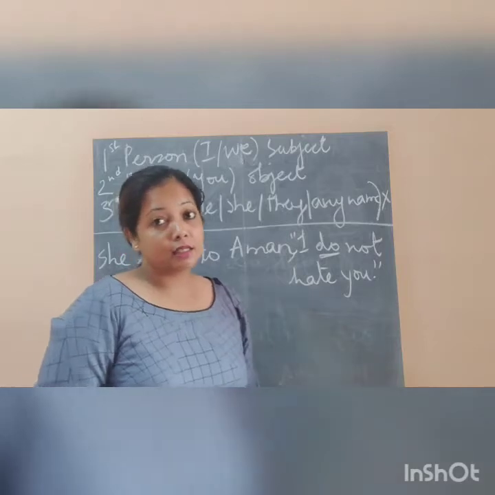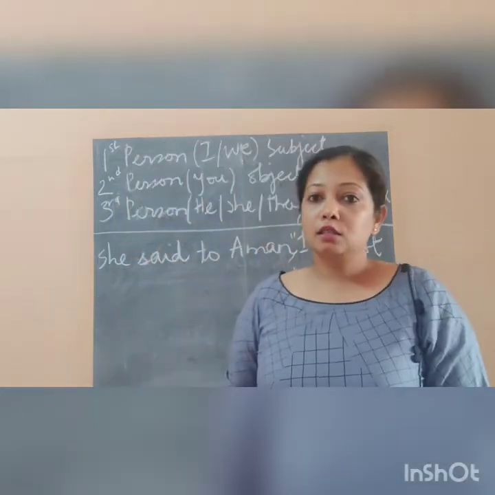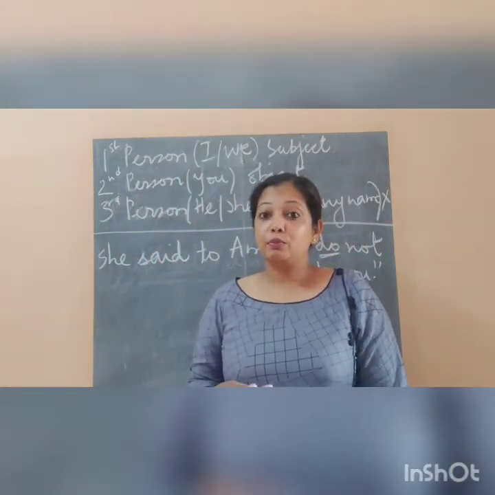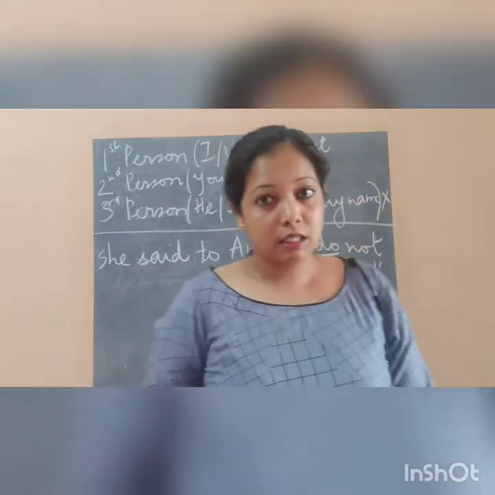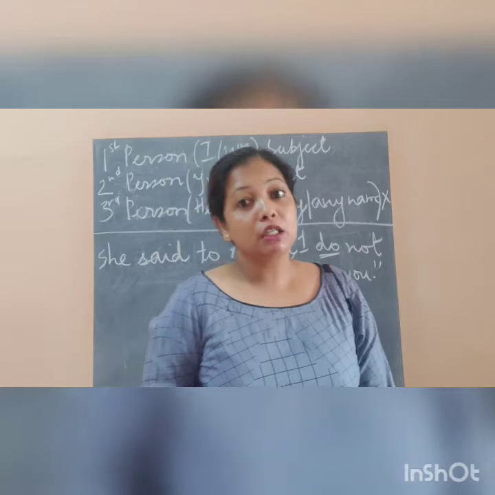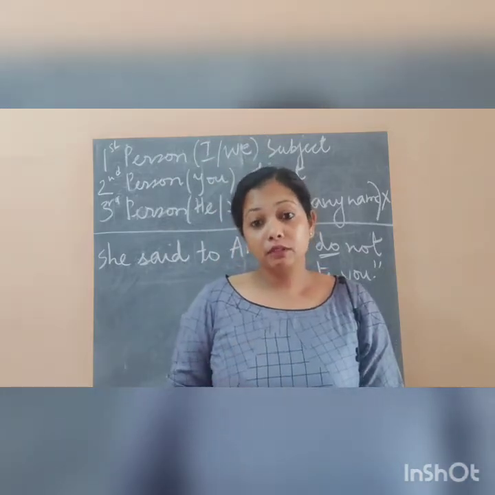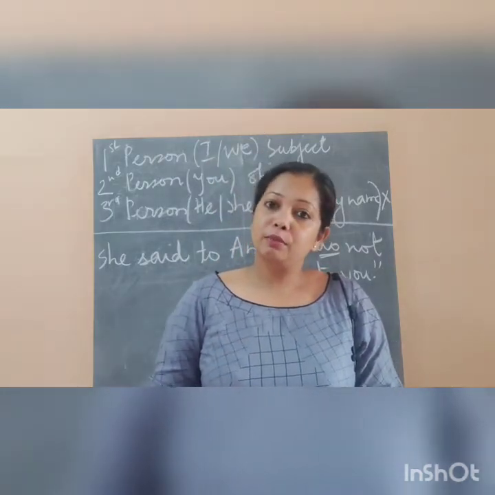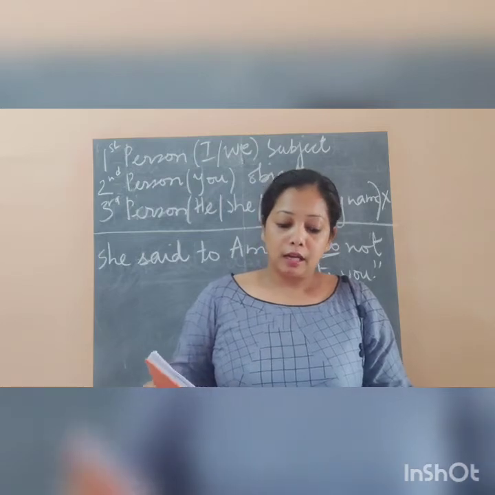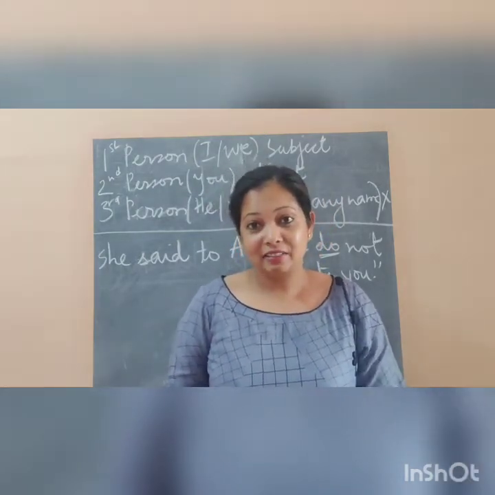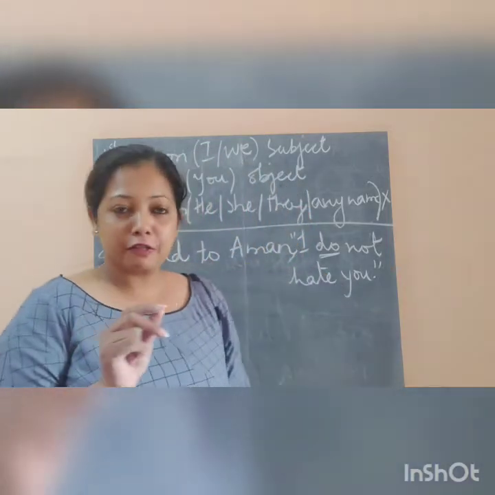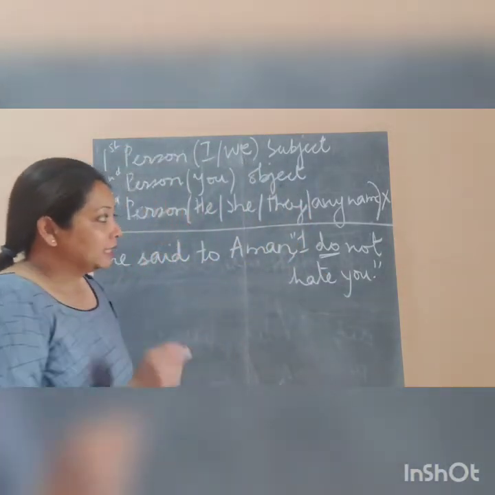Do, does is said to be in present. Now if it is simple present, it will change to simple past. Now what will be the simple past of do? Can you tell me? I know that you remember. It's did, right?